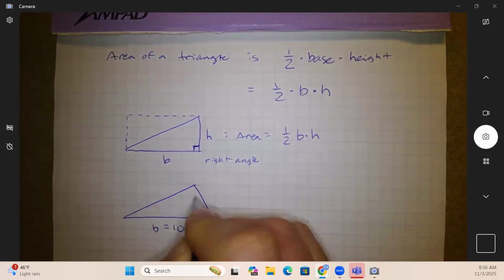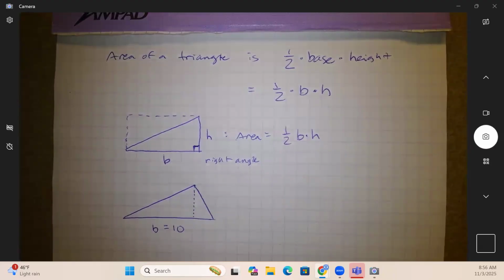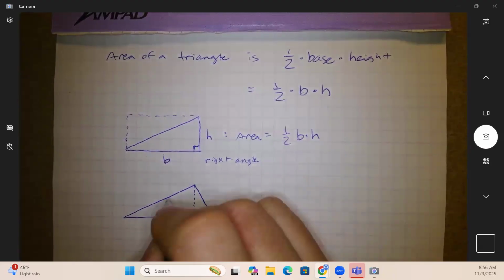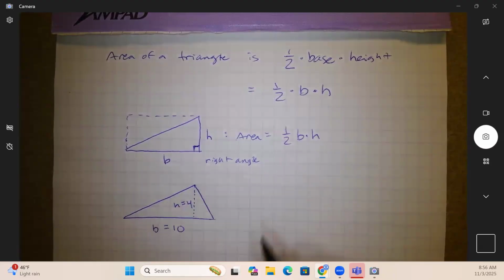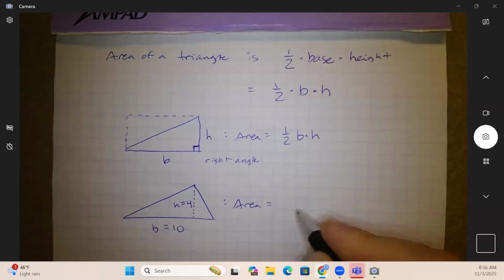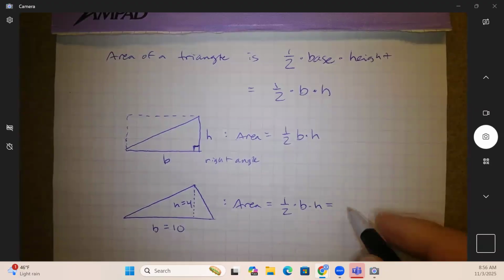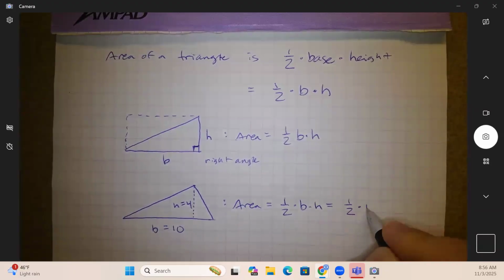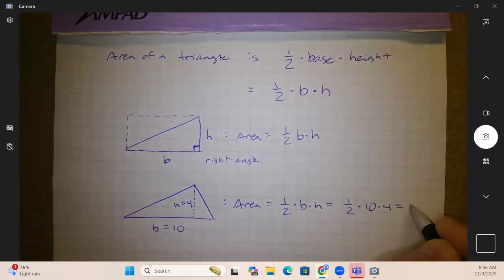Let's say the base here is 10, and the height is from the base to the tallest point. Let's say the height is 4. Area is still 1/2 times base times height, which is going to be 1/2 times 10 times 4, which works out to be 20.